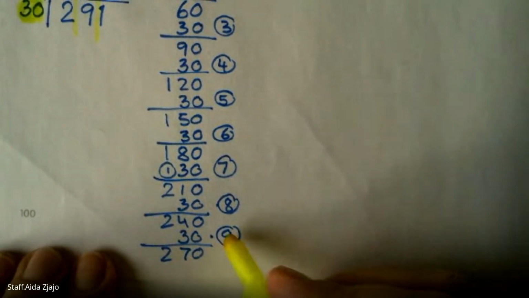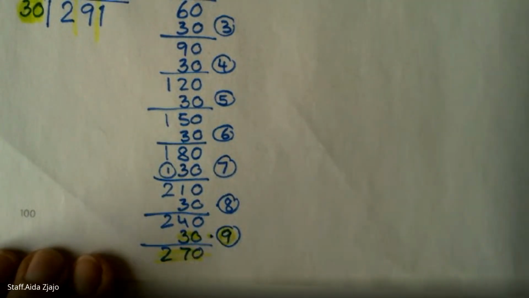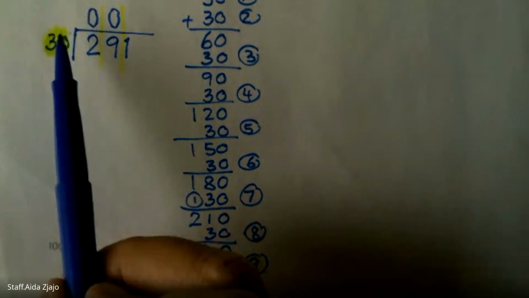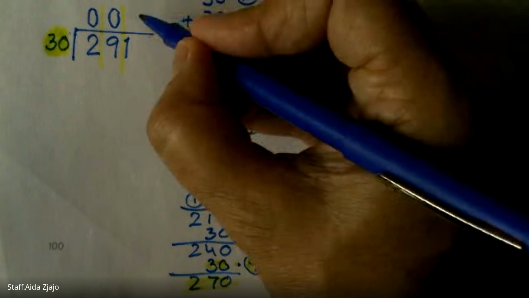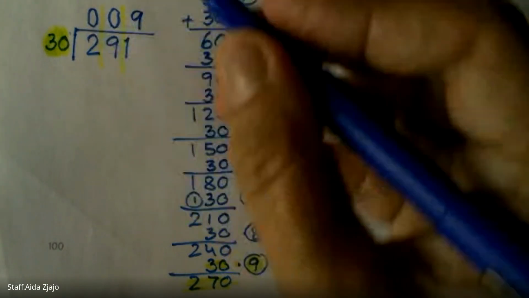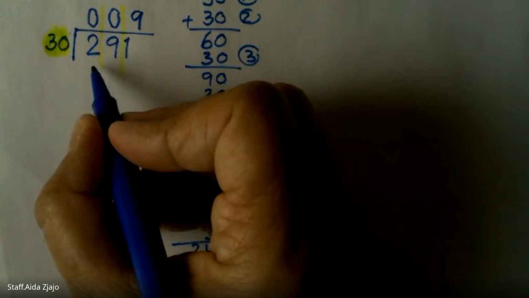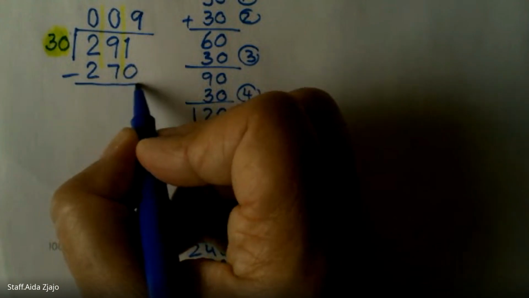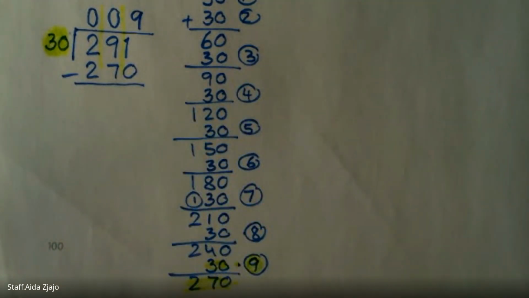So 9 times 30 equals 270. So I can say, how many groups of 30 are in this number? There are 9 groups. 9 times 30 is really 270. So when I subtract, I will have my remainder.